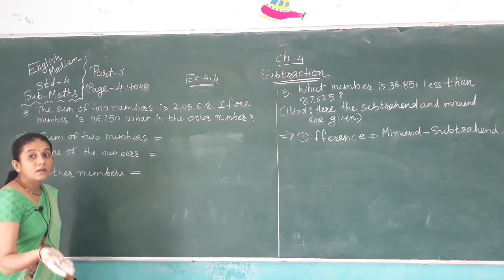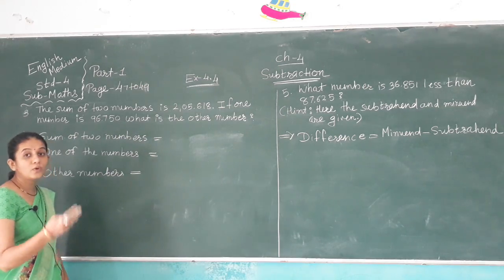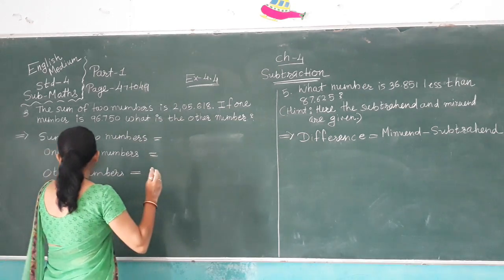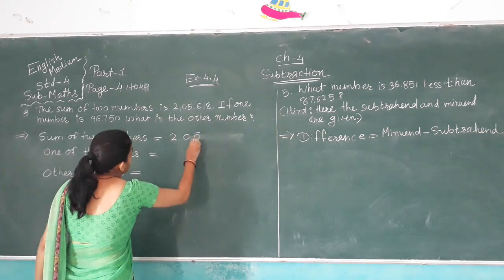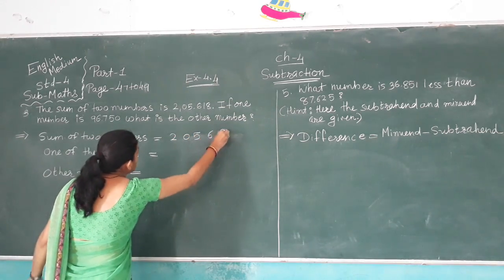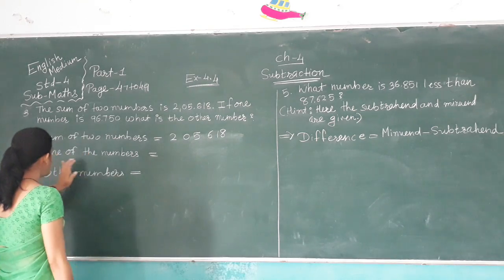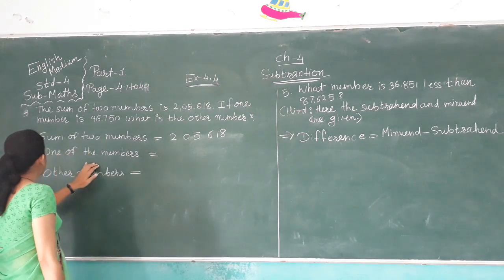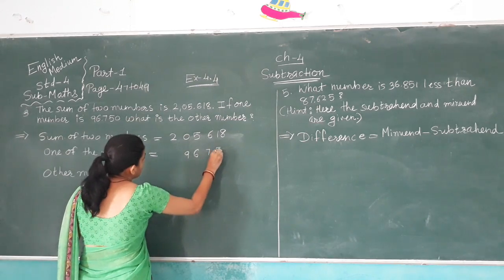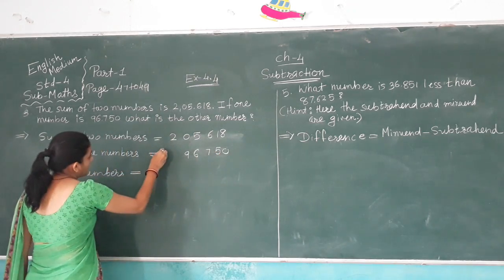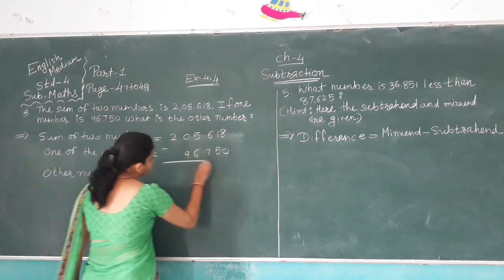What is the other number? That means we do subtraction. So the sum of two numbers is 2,05,618. One of the numbers is 96,715. What is the other? That means subtraction.